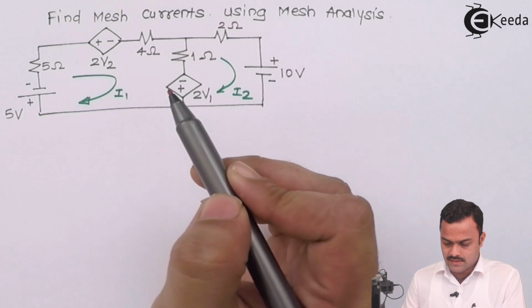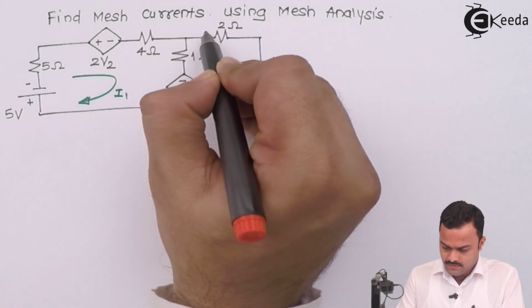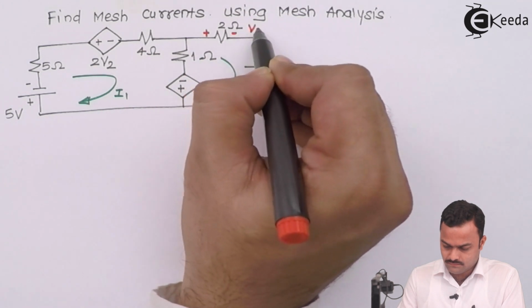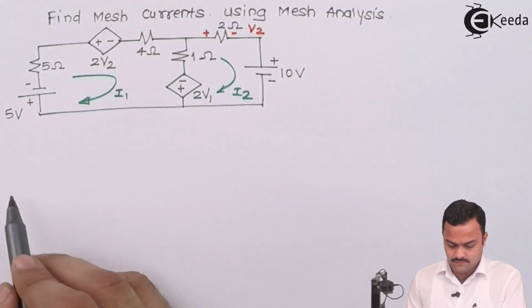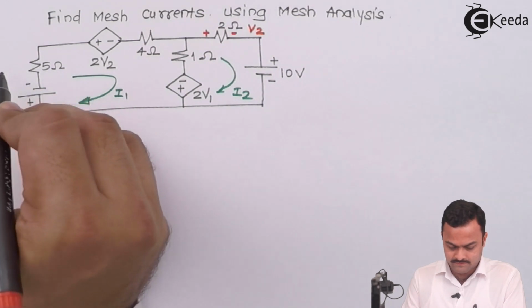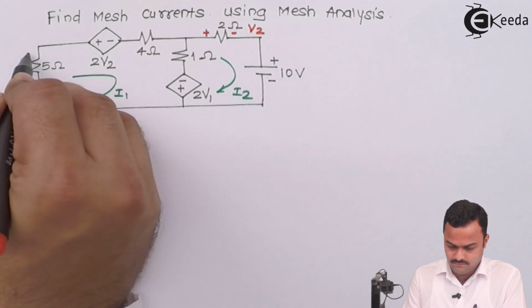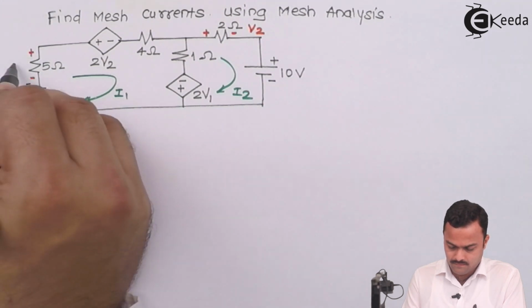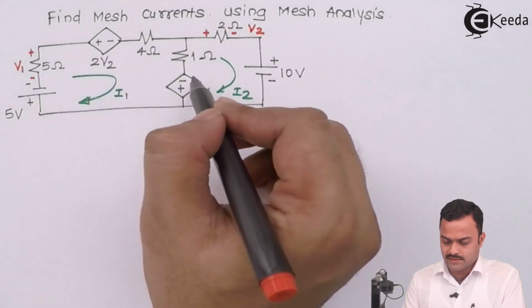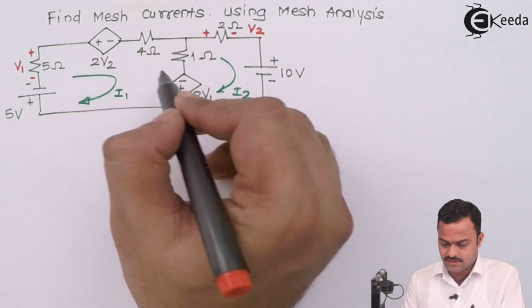So the voltages are this: this is given as V2 and this is given as V1. Based on this V2 and V1, we are having the dependent sources in this manner.